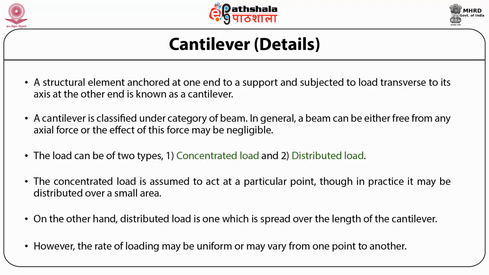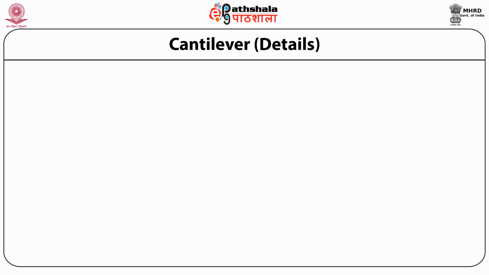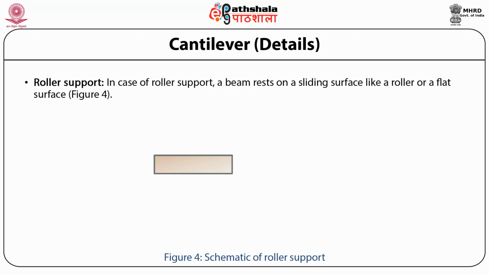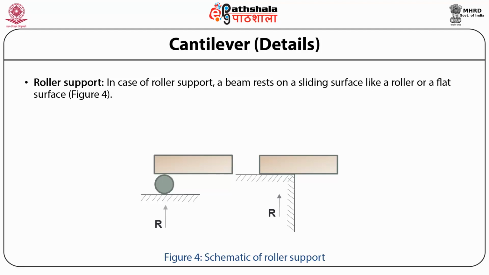There are different types of supports for a beam, which are as follows. The first one is roller support. In case of roller support, a beam rests on a sliding surface like a roller or a flat surface. This you can see in the given figure 4 below, which shows the schematic of roller support.